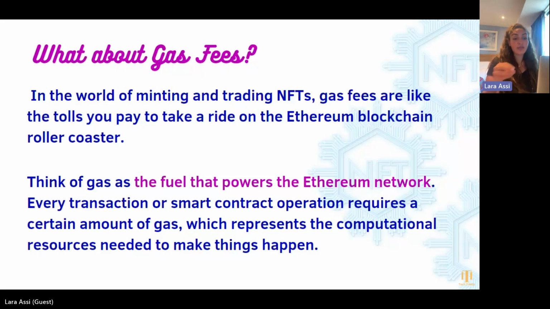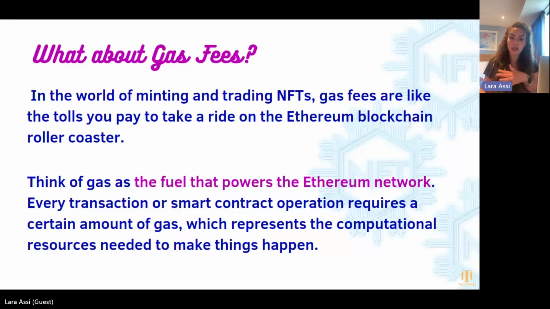In the context of minting and trading NFTs, when you perform an action such as minting an NFT or listing it for sale on a marketplace, you need to pay this gas fee to cover the computational resources. There are computational resources behind these transactions that are used by the Ethereum network in order to execute the action. So think of gas as the fuel that powers the Ethereum network.